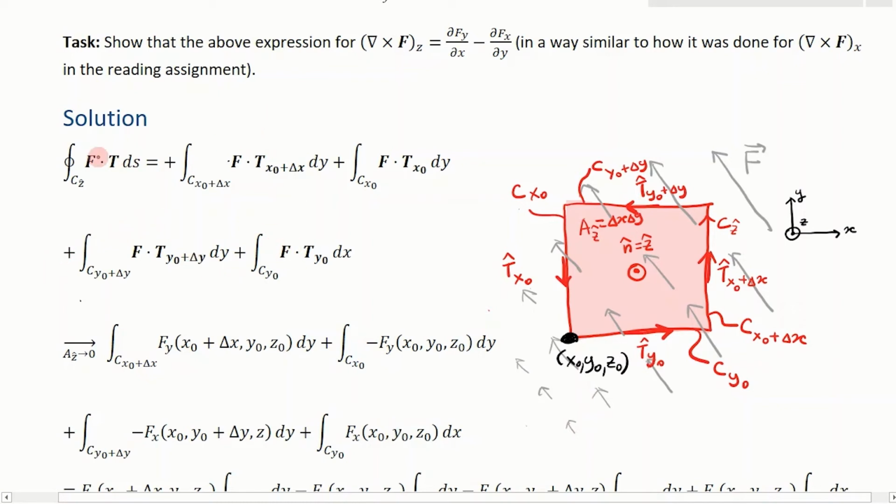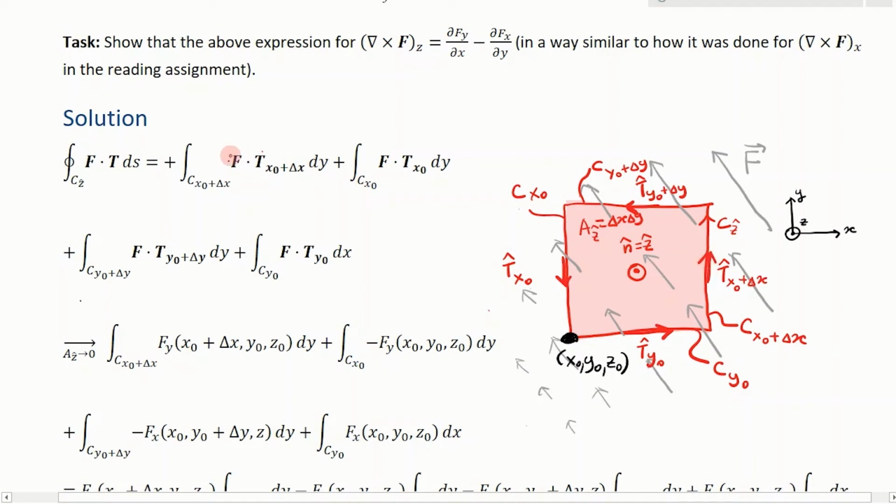Now, by the way, you'll notice this was the closed contour integral because it went around a closed contour, but the individual integrals are over open contours. That's why I don't have the circle symbol here. Next, I did two things. First thing I did is I realized that, for example, this vector is in the positive y hat direction.